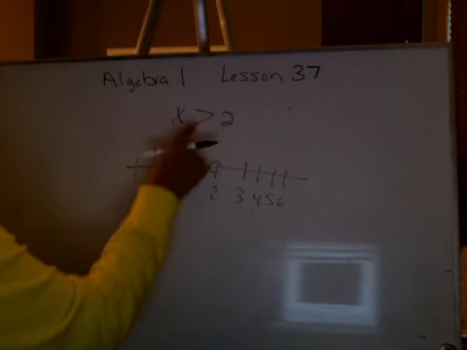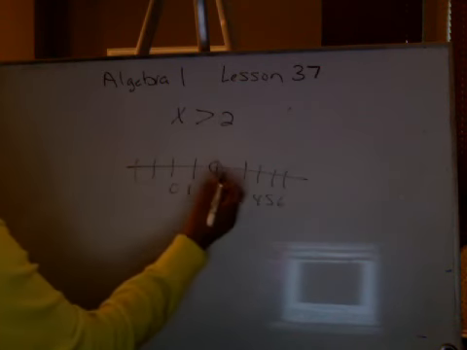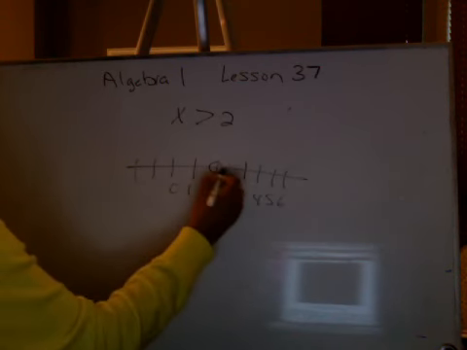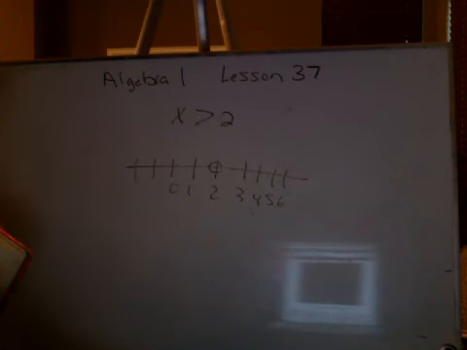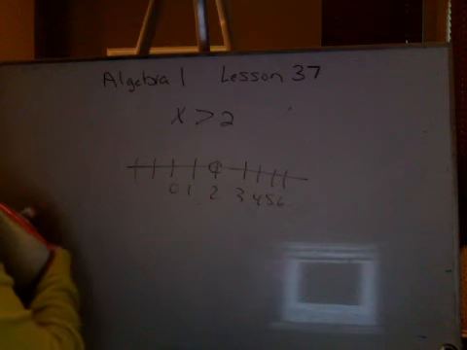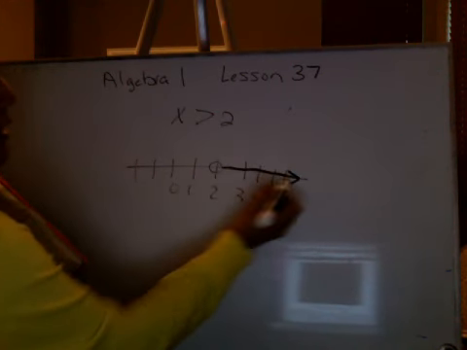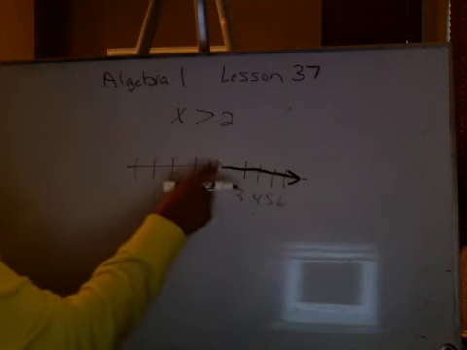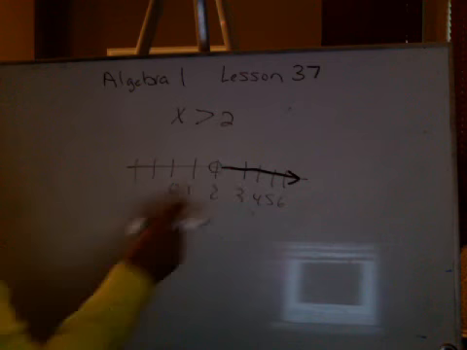Because x is greater, it's going to be to the right, so we would color in everything to the right and put an arrow saying it keeps going forever. Now, we don't color in our circle because it says x is greater, so it doesn't include the 2.